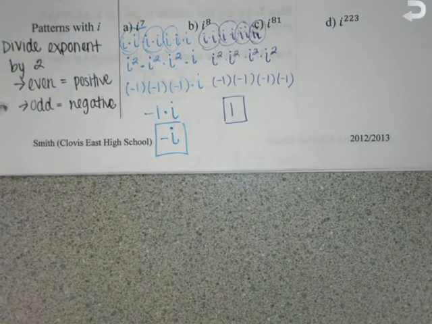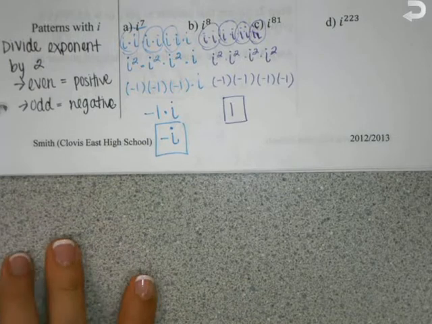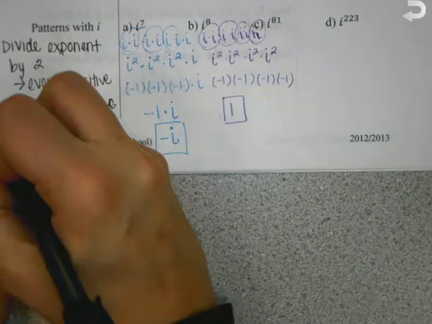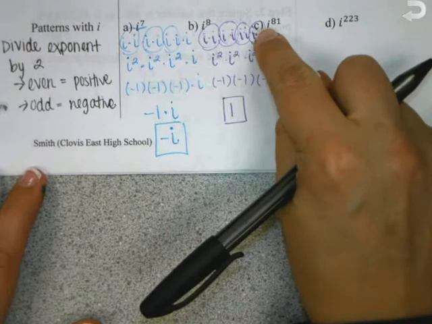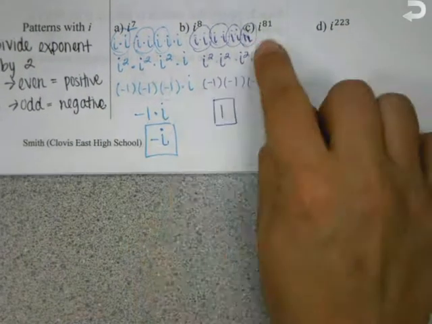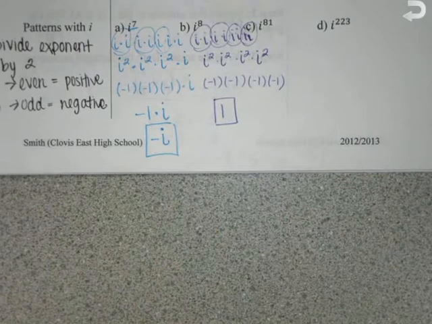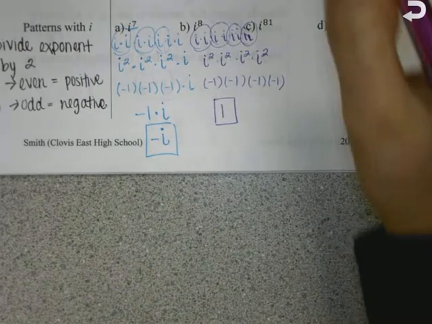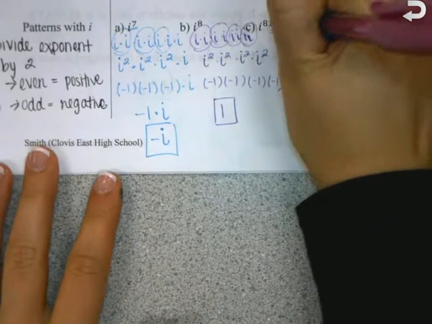i to the 81. Does everybody agree that that is the same as i to the 80th power times i? Yes. Are you guys okay with that? Yes. Or it's not positive, it's +1, and it's -1. Sorry, guys. So it's not just a negative number, it's specifically 1. So a +1 and a -1.